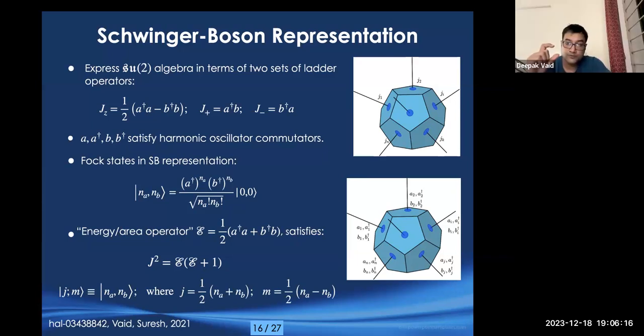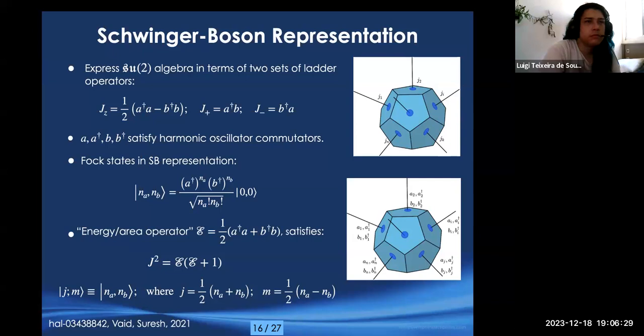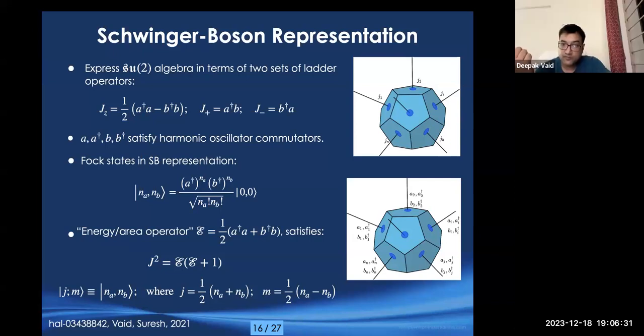rotor, the SU2 state space, it's labeled by J, whatever J is for each given edge, right? And also the M, the magnetic quantum number, right?